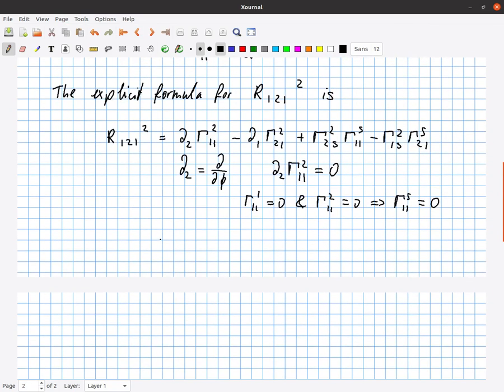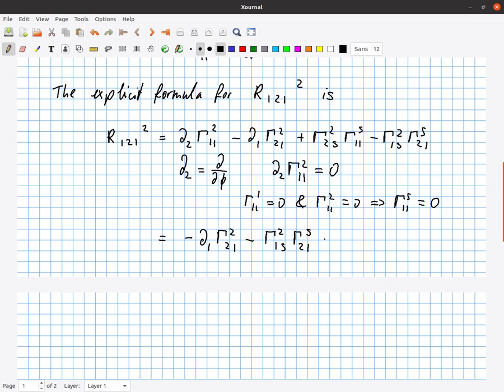Taking those two results into account, this simplifies. So that term is 0, which means we have minus partial 1 gamma 2, 2, 1. These two terms are 0. So we have here gamma 2, 1, s and gamma s, 2, 1.